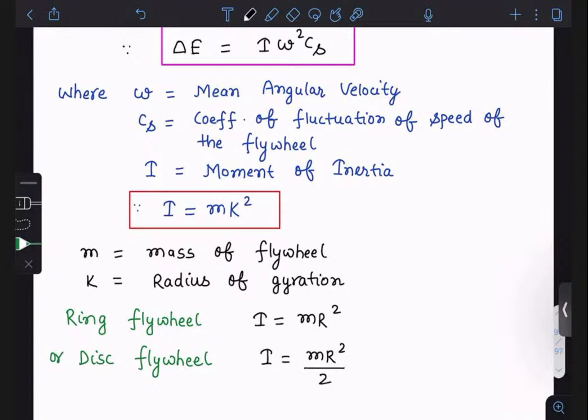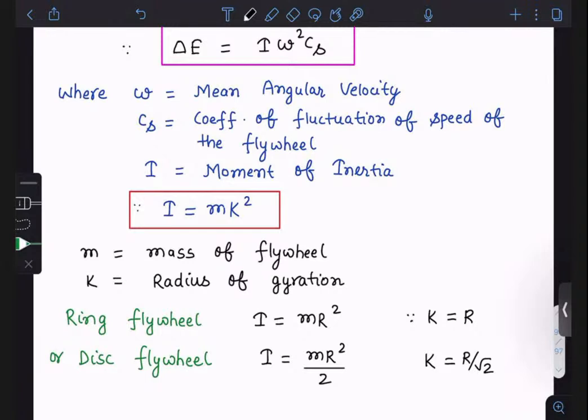So the radius of gyration k is equal to r for a ring, and k is equal to r by root 2 for a disc, correct? That is very, very important. Remember that.